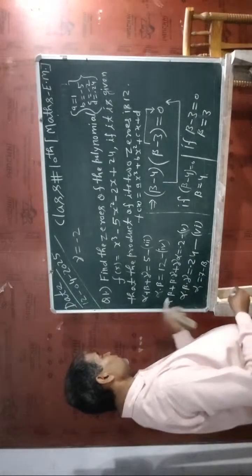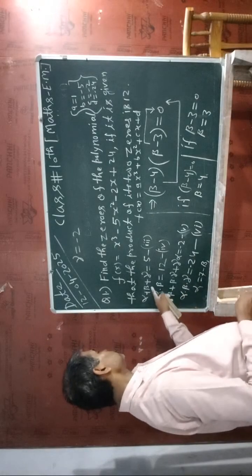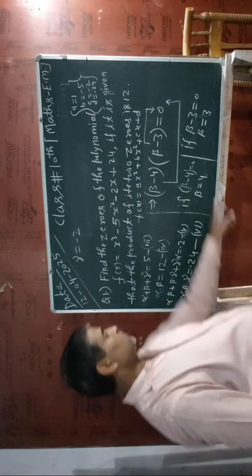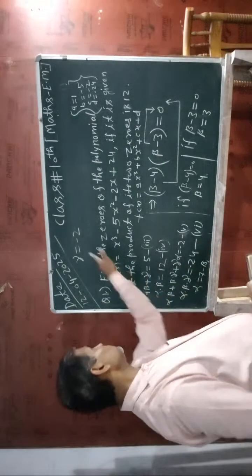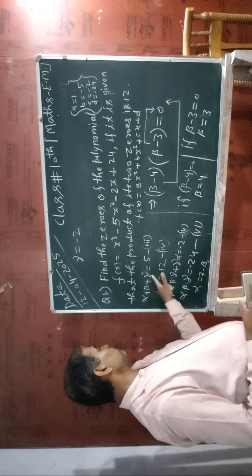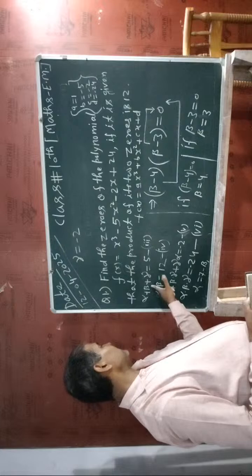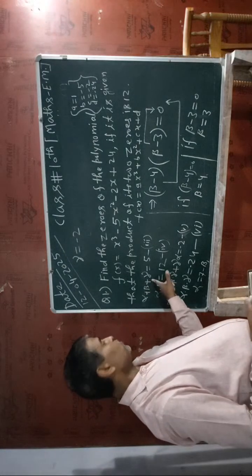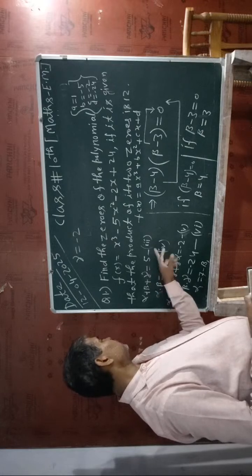So here I have got the value of beta. If I put here the value of beta as 4, and the value of gamma is 2, so this will be 4 minus 2, that will be 2, and it will go 3.